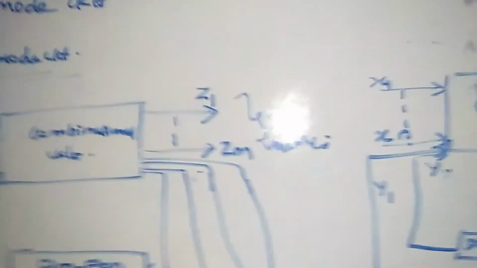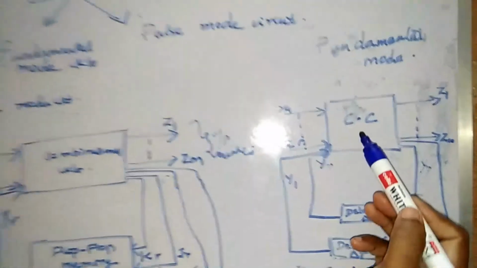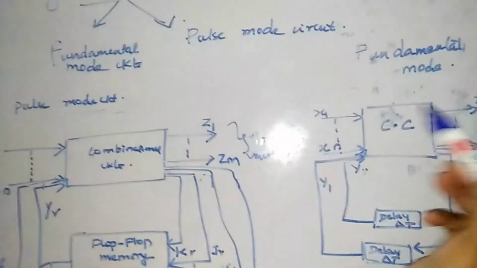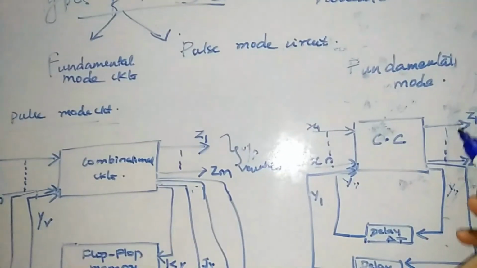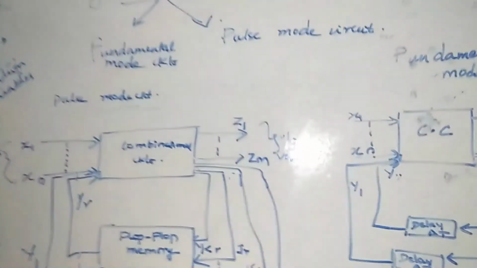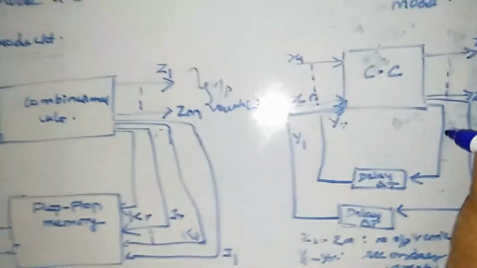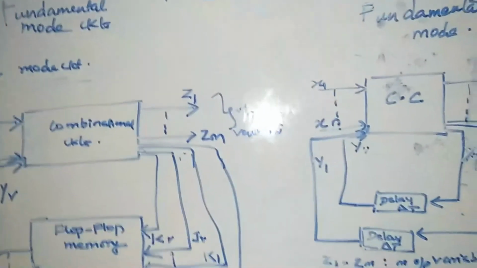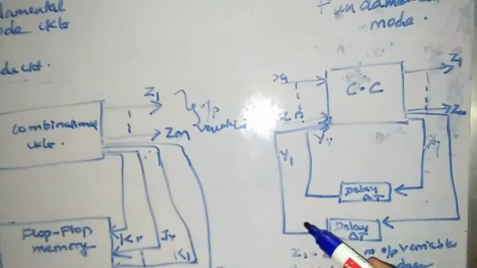So this is your fundamental mode circuit. You can see the difference over here. Again you have a combinational circuit, inputs x1 to xn, and m outputs z1 to zm, and you have the feedback given via your delay element from y1 to yr.